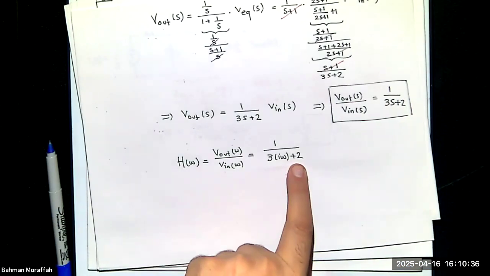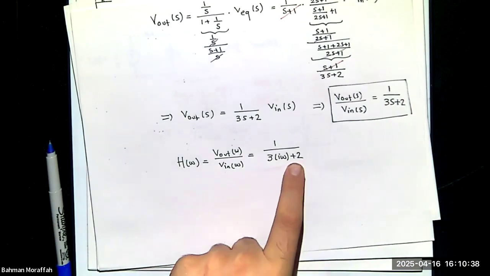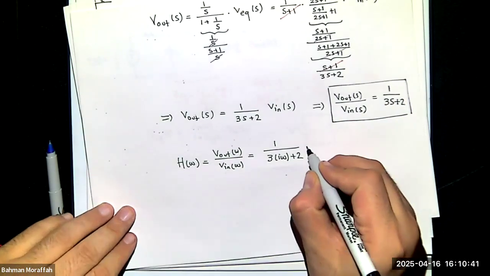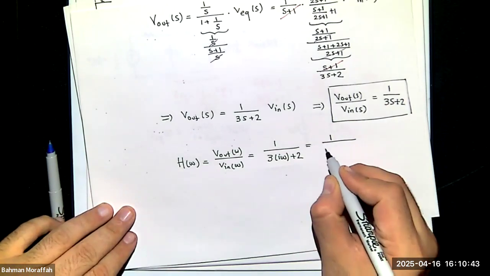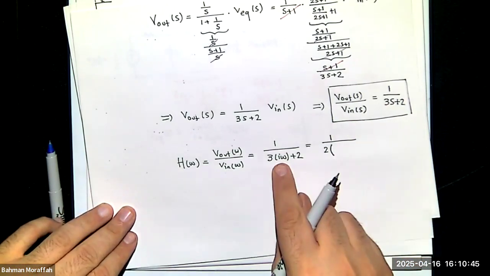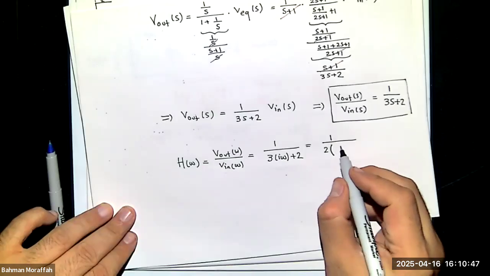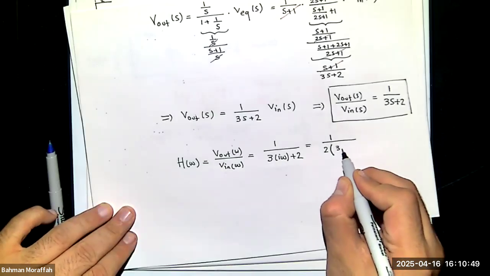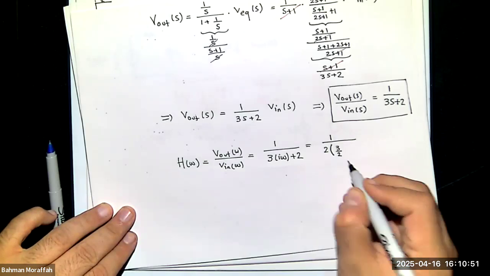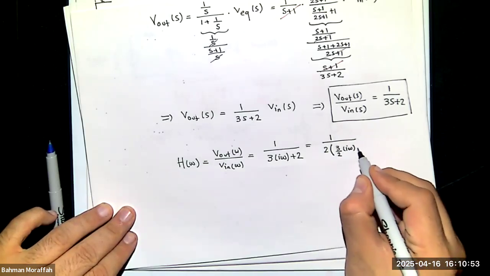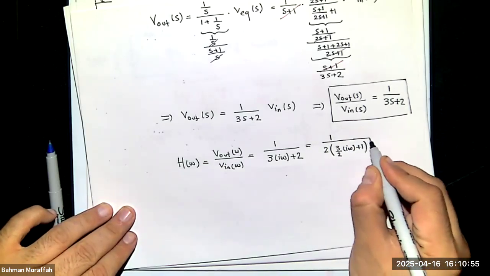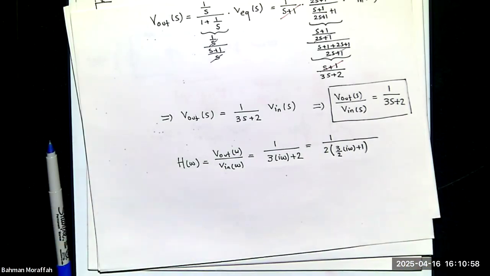Well, again, I want this coefficient to be 1, so I'm going to factor it out. So I have 1/2 times 1 over (3/2 j omega plus 1). Right?